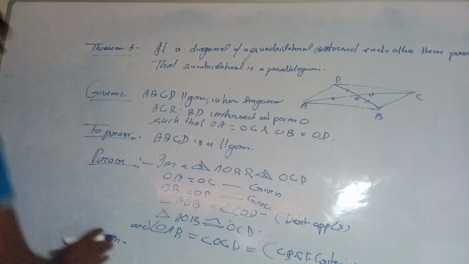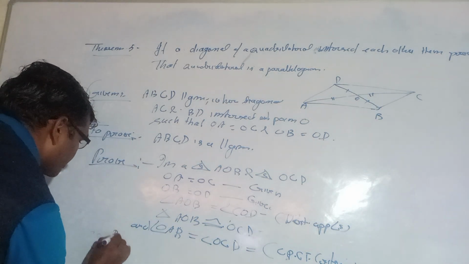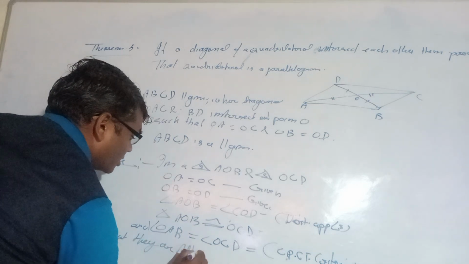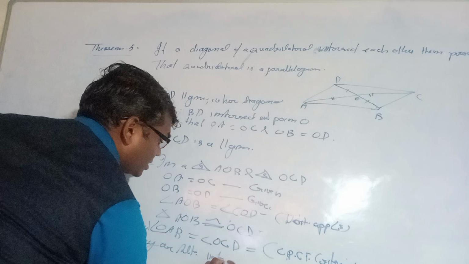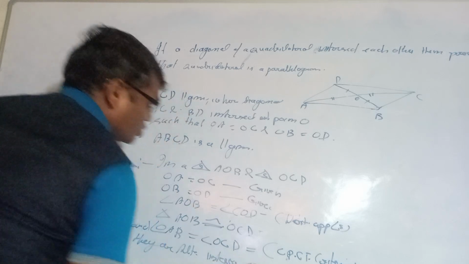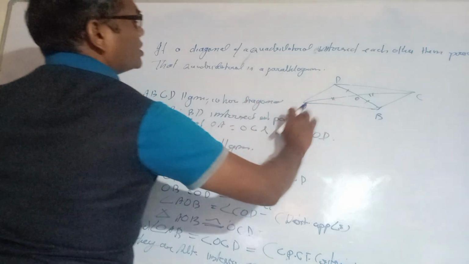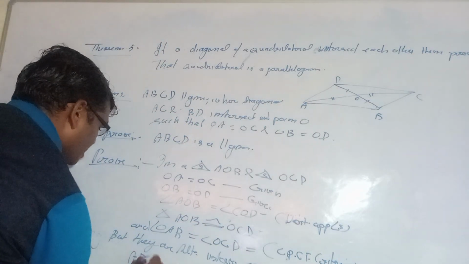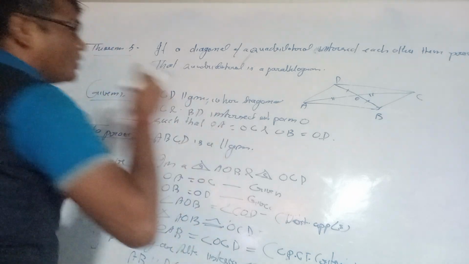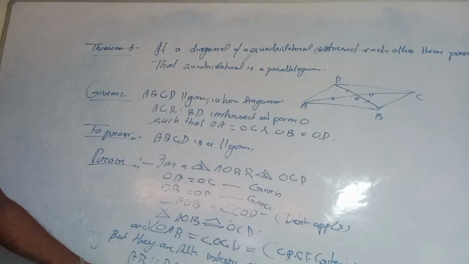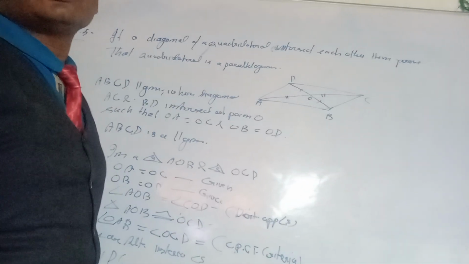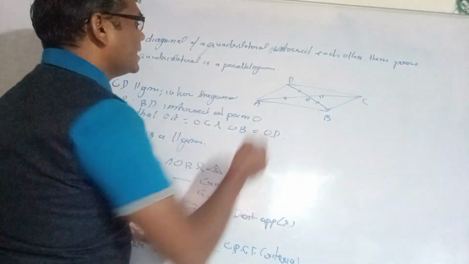These are alternate interior angles, so AB is parallel to DC. Due to the alternate interior angles, we will take another step so that we can understand it well.